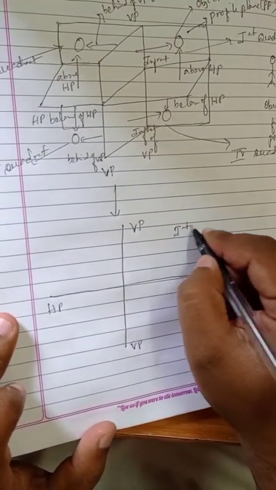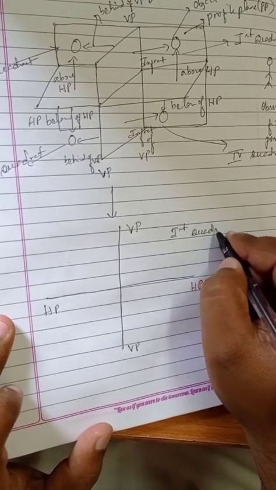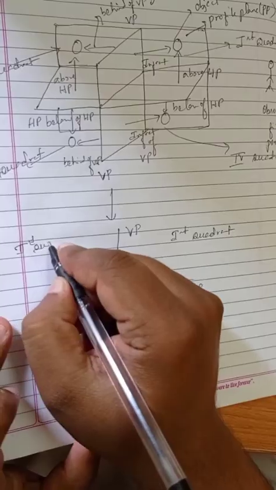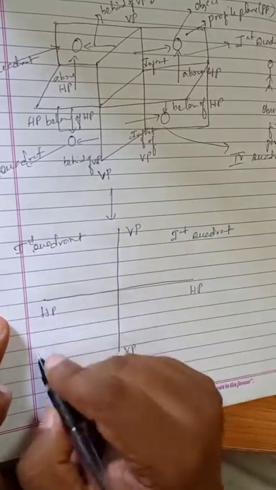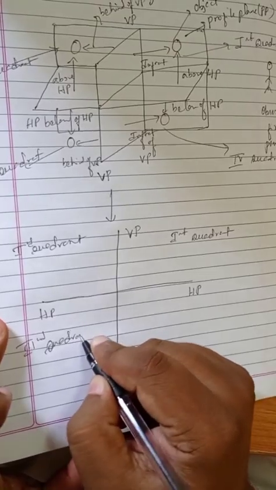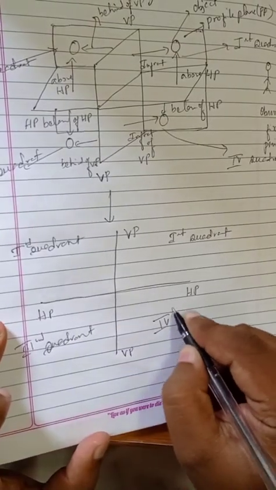Now the position of the object we can define in terms of the first quadrant, second quadrant, third quadrant, fourth quadrant.